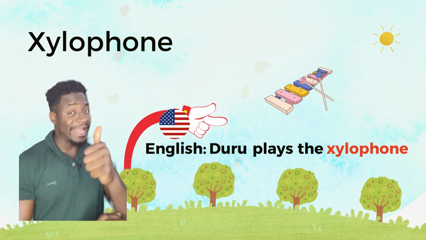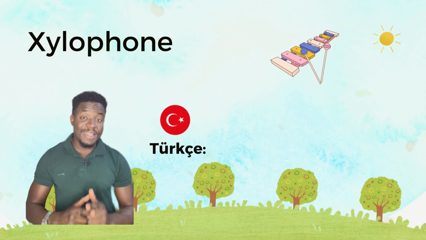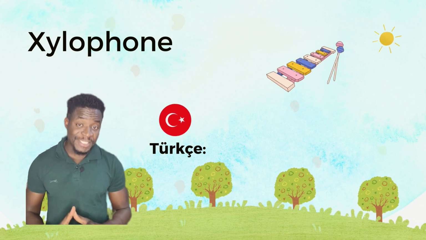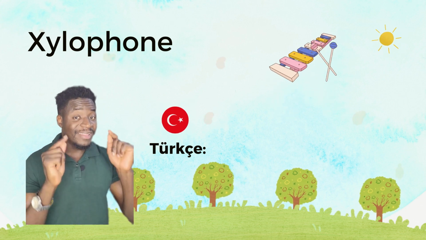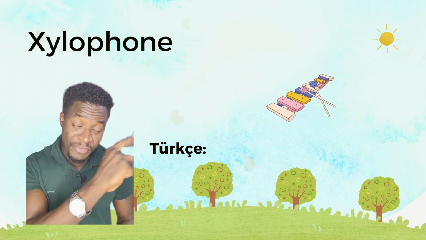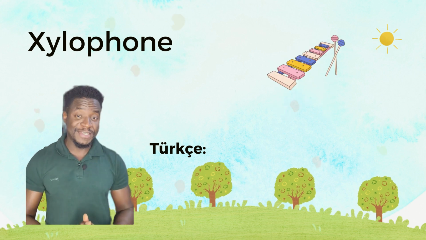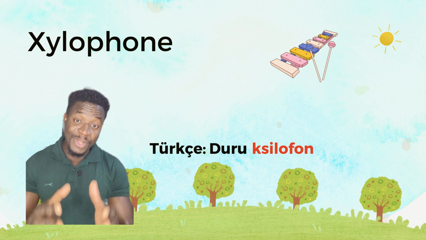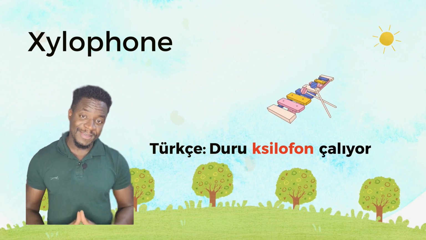Great. Let's move on. So in the Turkish language, how do we make that statement? How do we make that example in Turkish? So in Turkish, we say Duru xylophone çalıyor.